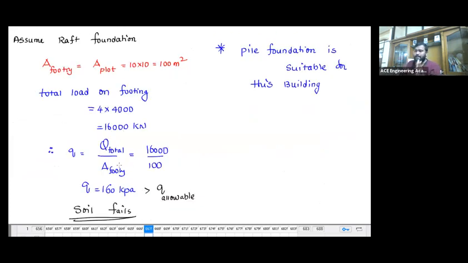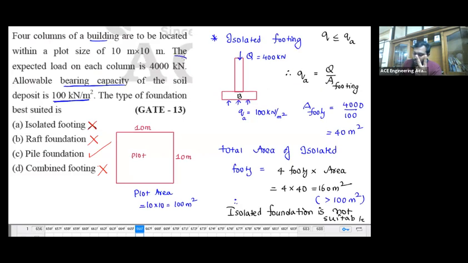So, point number 1, I know how much load is coming from the structure, and point number 2, I know the bearing capacity of the soil. I know the load coming from the structure, 4,000 kilonewtons, and the bearing capacity, 100. Once I know the total load and the bearing capacity, I can check whether that load can be accommodated by isolated footing first.